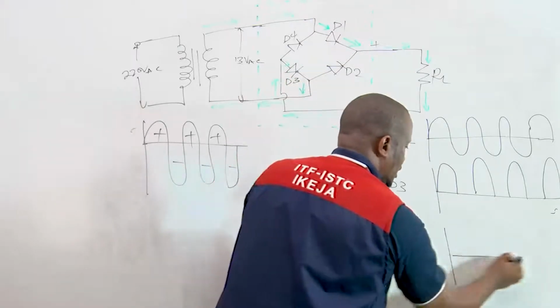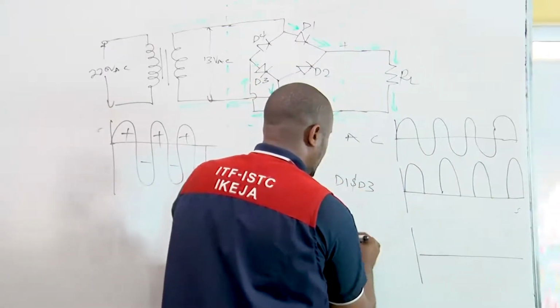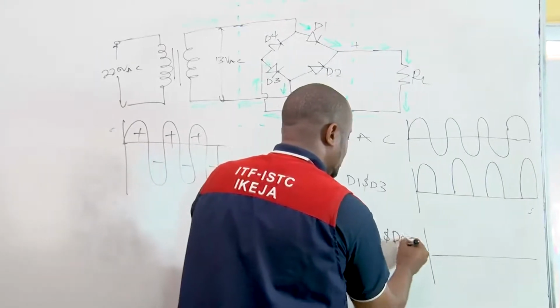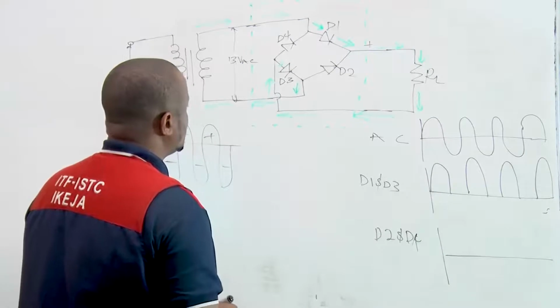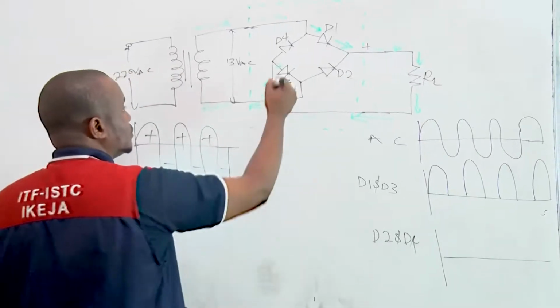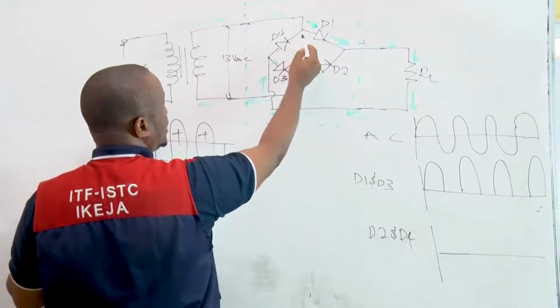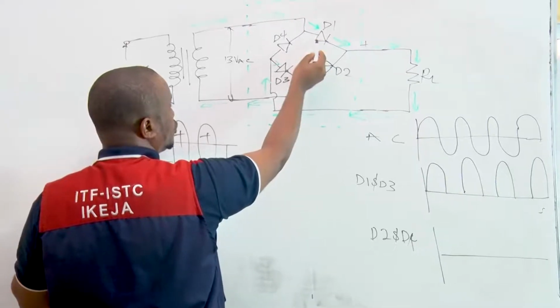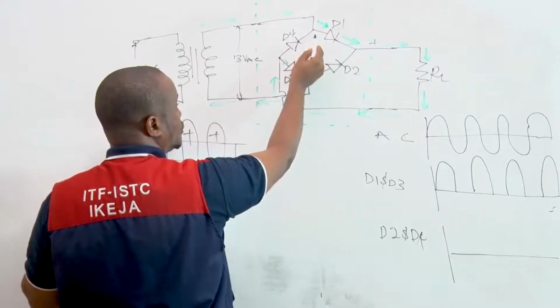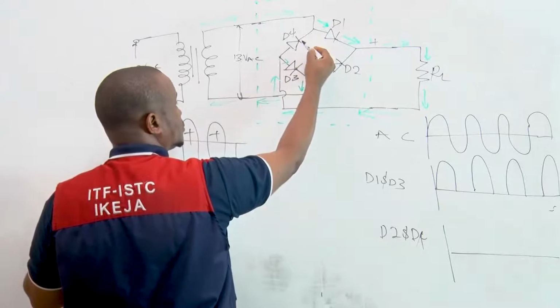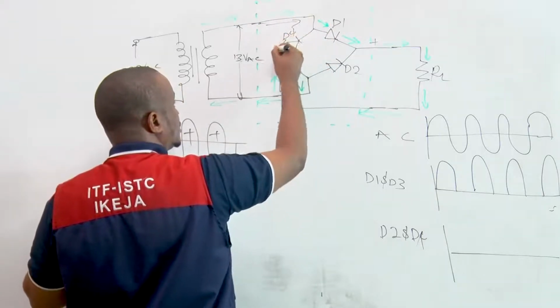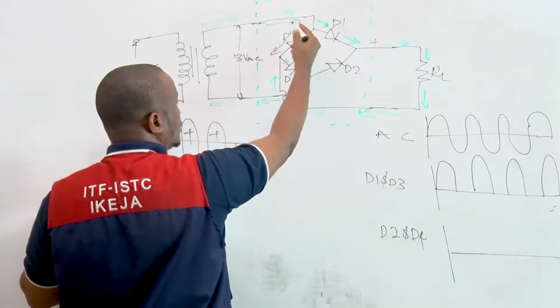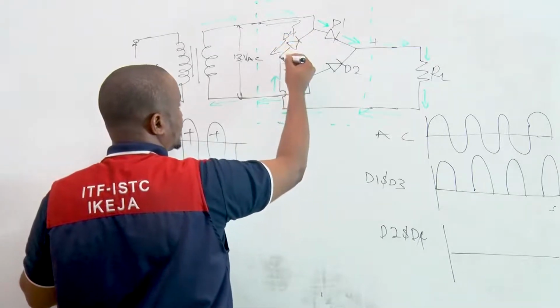Now we'll go to the output waveform for the remaining ones, D2 and D4. During the negative half cycle, D1 and D3 will not conduct because they would be reverse biased. The negative will flow in this manner, through D4. I'm using the black marker for that.